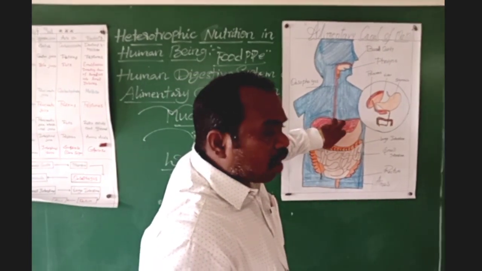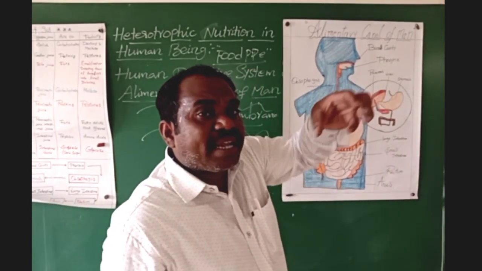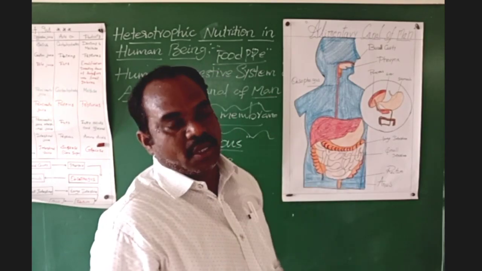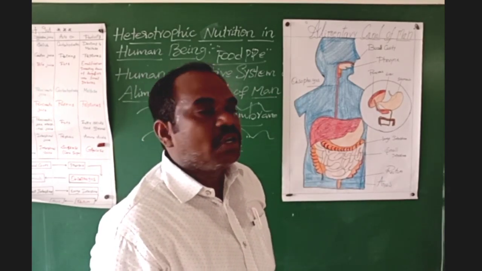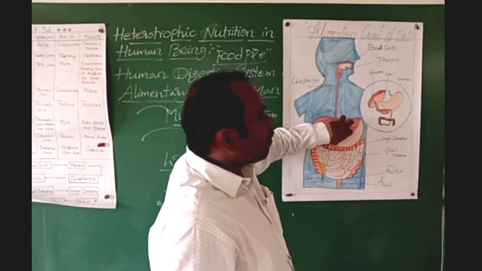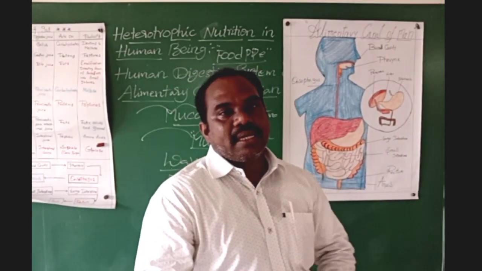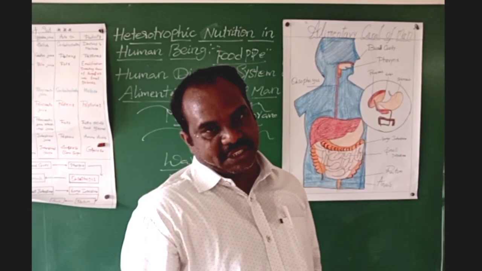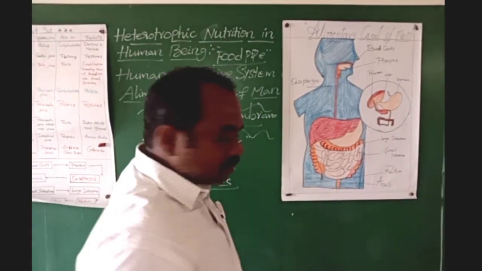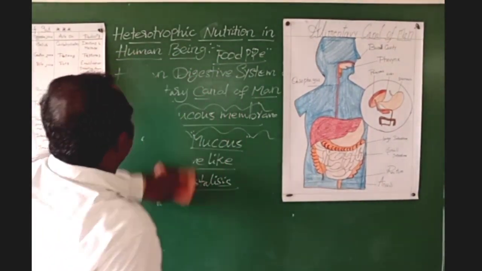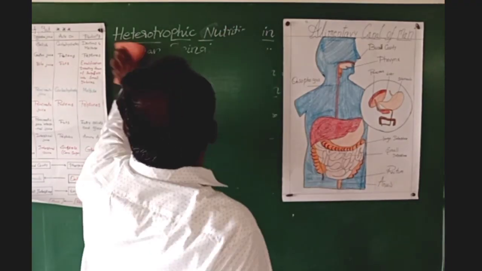The esophagus opens into the stomach. At the opening part of the stomach, a sphincter is present, the cardiac sphincter. What is that?